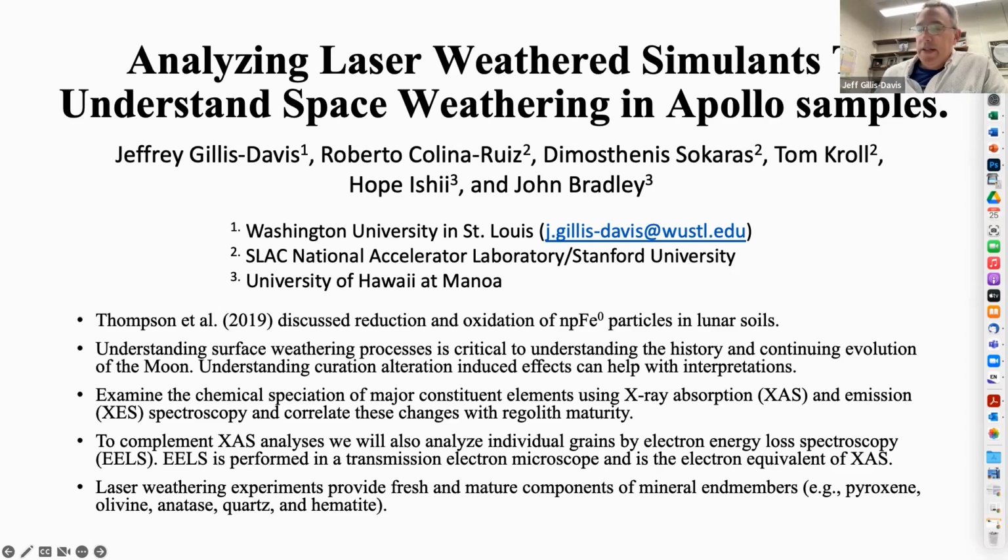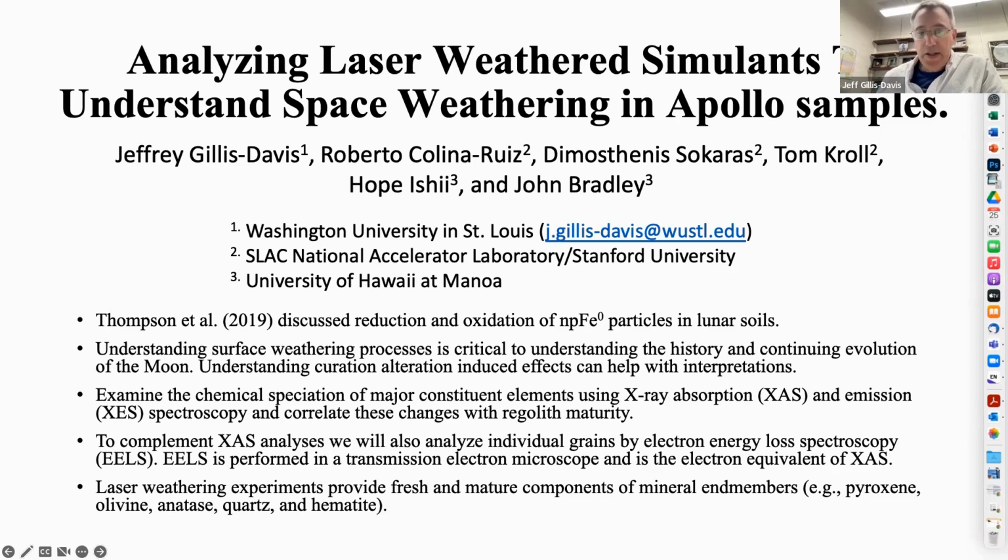And we wanted to study this oxidation effect with these unique samples, especially curated samples, because in order to understand space weathering processes on the surface of the moon and how they occur, we also need to understand what kind of curation alteration might be inducing the effects.